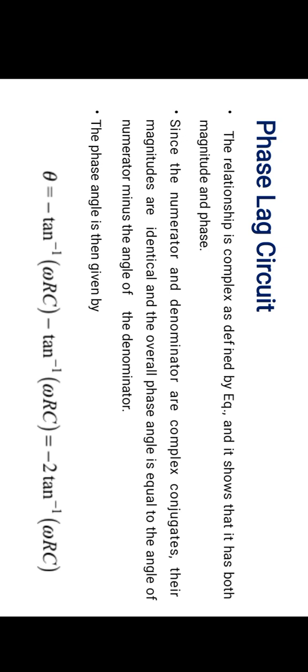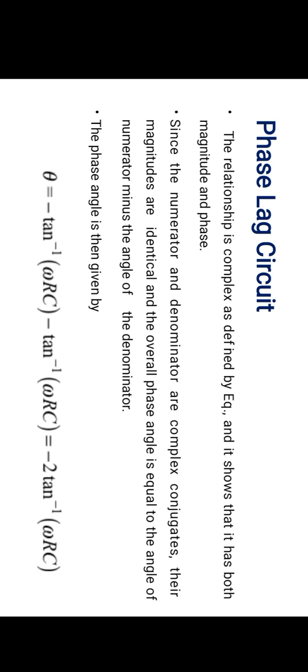In the phase lag circuit, the relationship is complex as defined by the equation, and it shows that it has both magnitude and phase. Since the numerator and denominator are complex conjugates, their magnitudes are identical and the overall phase angle is equal to the angle of numerator minus the angle of the denominator.